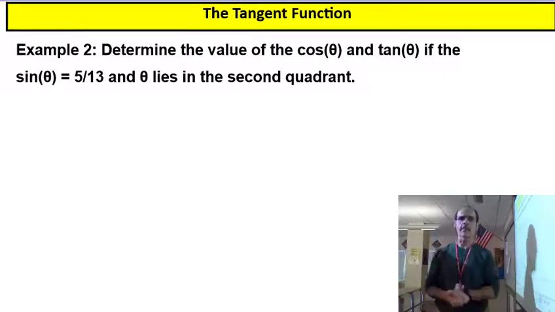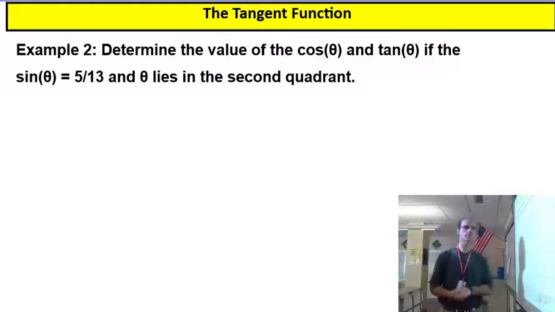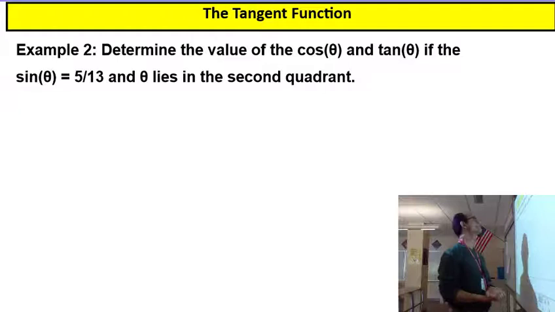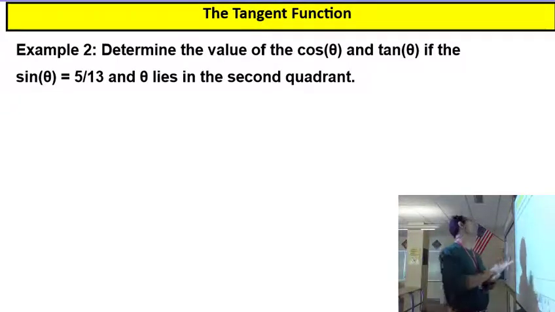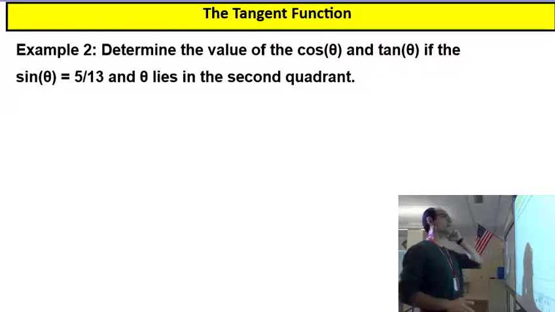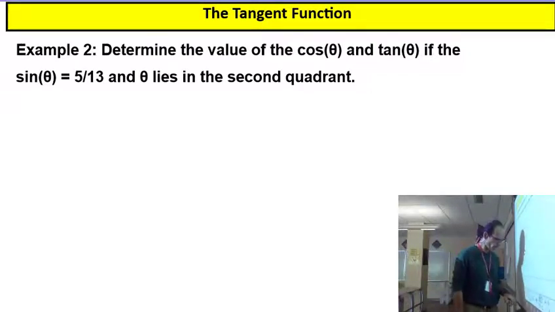Okay, take a second and write that one down. Pause the video if you need to, and I'm going to go through it with you. Okay, so it says determine the value of the cosine and the tangent if the sine is 5 over 13 and it lies in the second quadrant. Well, we can do it this way. We can just sketch it out.